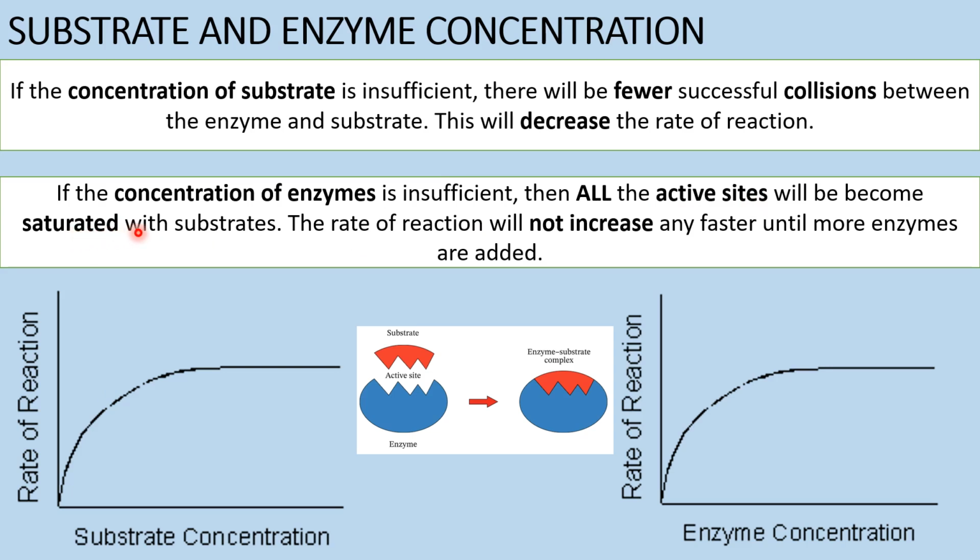You have fewer enzymes, more substrate, that means all the enzymes are fully occupied, fully saturated. So the rate of reaction will not increase any further until you add more enzymes. That is the case if the enzyme concentration is insufficient.